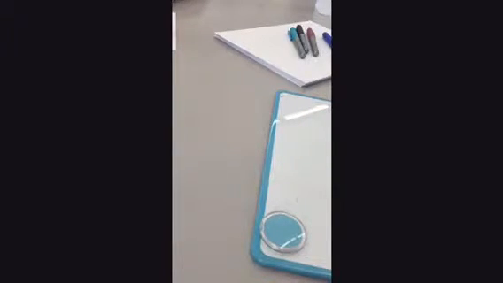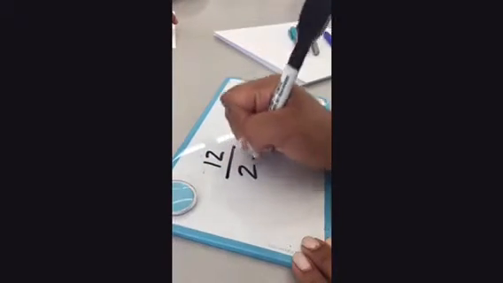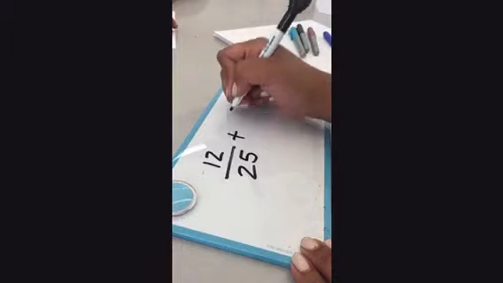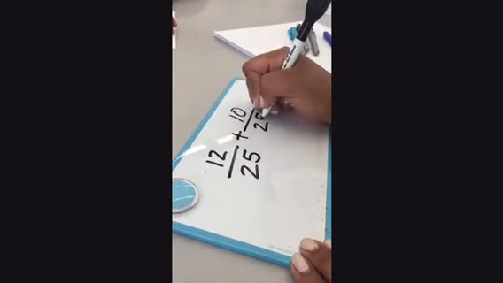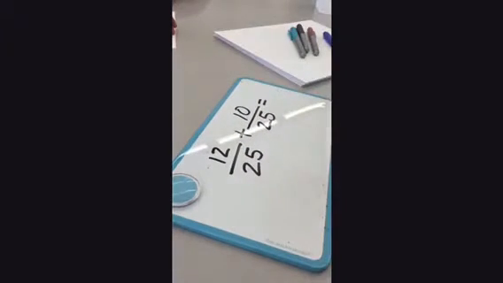Mm-hmm. So what we're going to do is I'm going to show you how to add and subtract fractions. So I have one example. I have 12/25 plus 10/25 equals, can any of you guess what that equals? 22/25. 21/50.